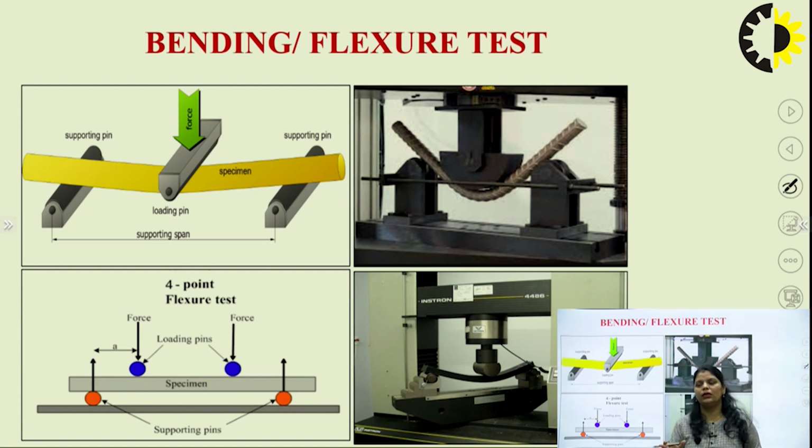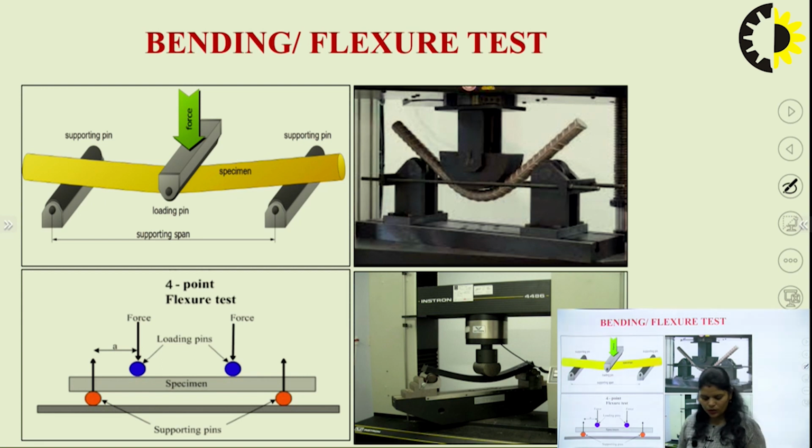So here basically how the material will behave, how our component will behave when we are applying the external load on a component. Okay, and these applied forces will be perpendicular to the longitudinal axis.